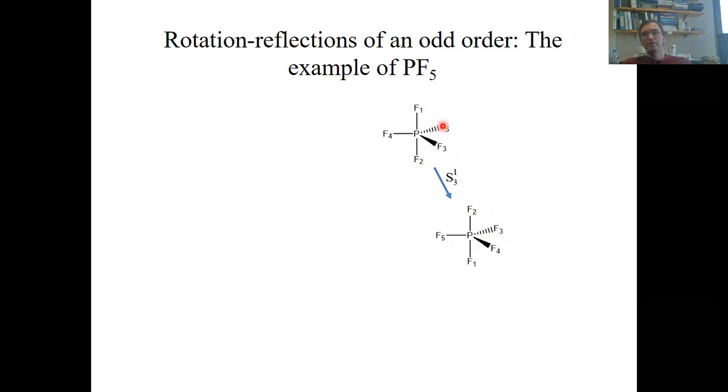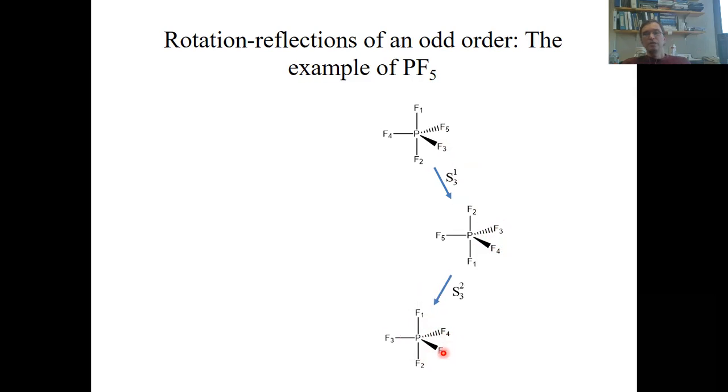So F5 will move from here to here, F4 will move from here to over there, and F3 will move from here to over there. Now, if we do this 2 times, then again F1 and F2 are being swapped, and the equatorial atoms rotate by 120 degrees counterclockwise. Now F3 is here, F4 is here, and F5 is here.